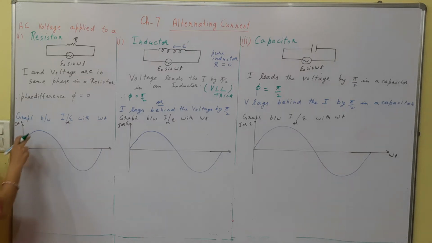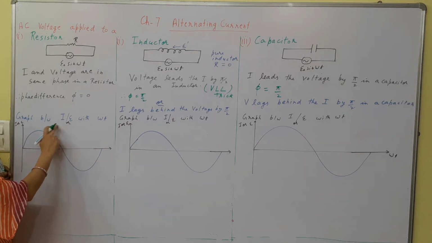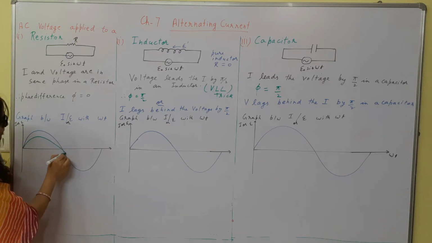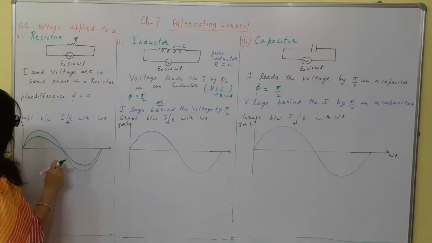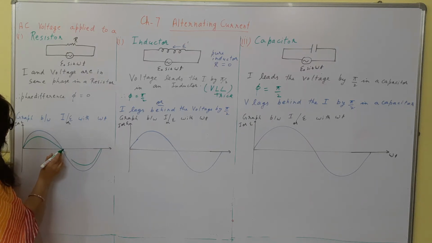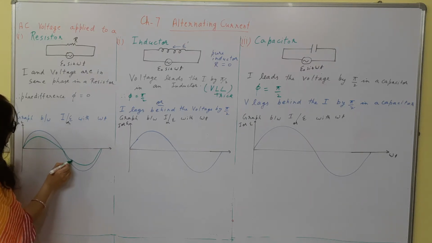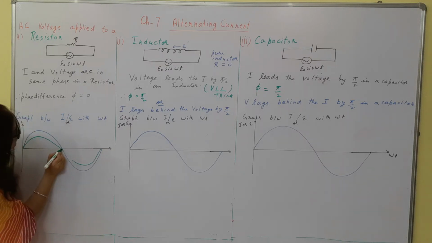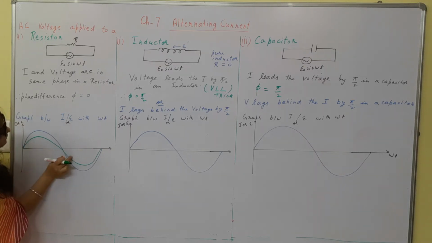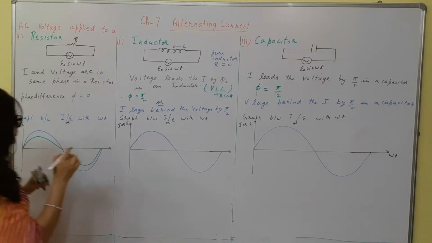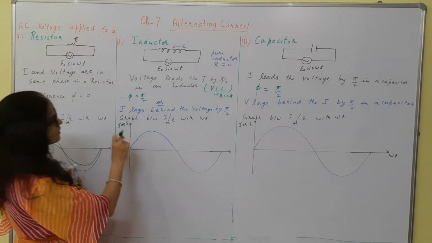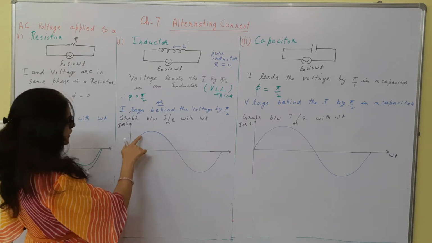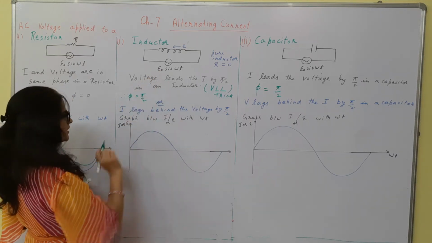In this case the current and voltage are in same phase. So this is also sinusoidal. Now in this case, the voltage leads the current by pi by 2. So voltage is obviously this because this is sin omega t in this case.